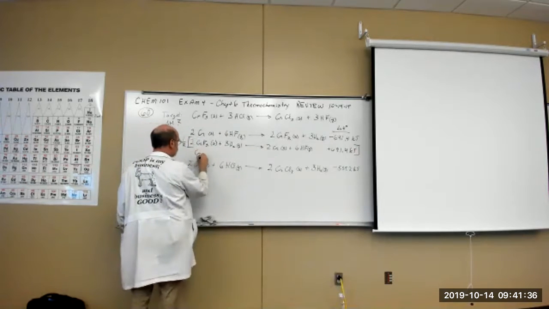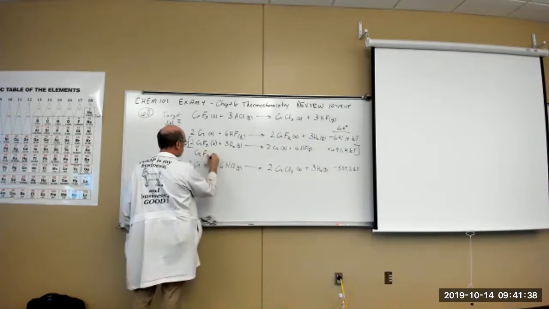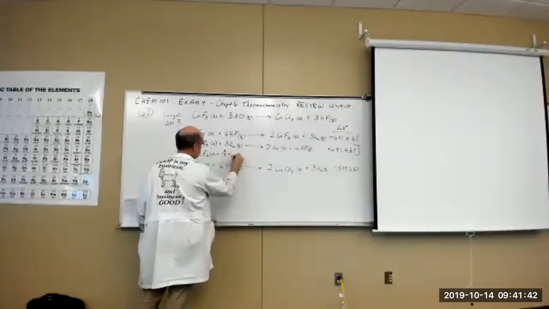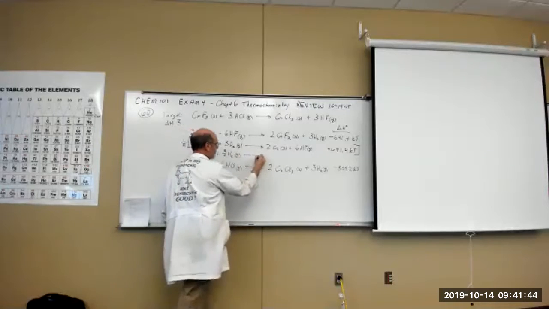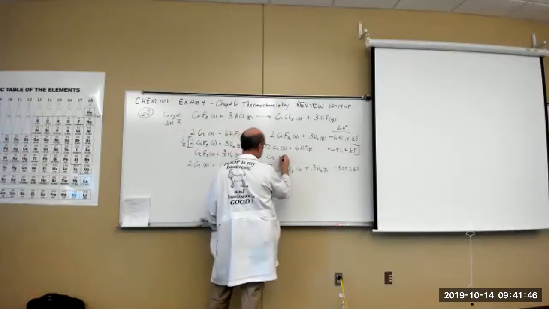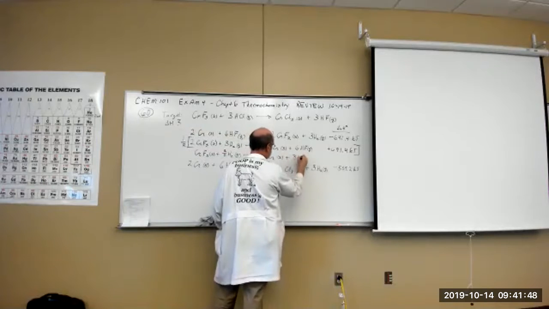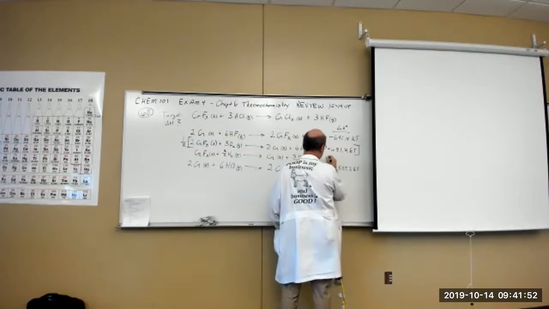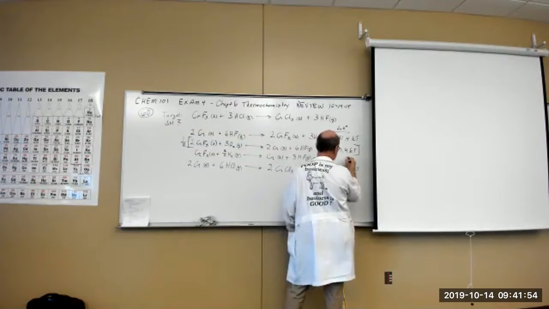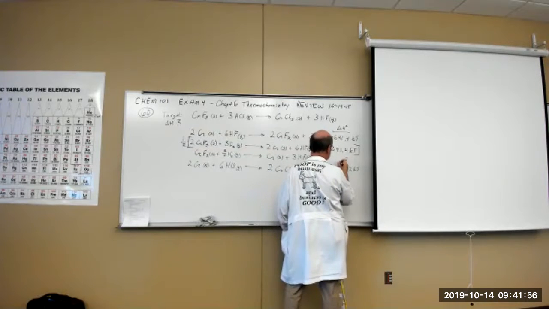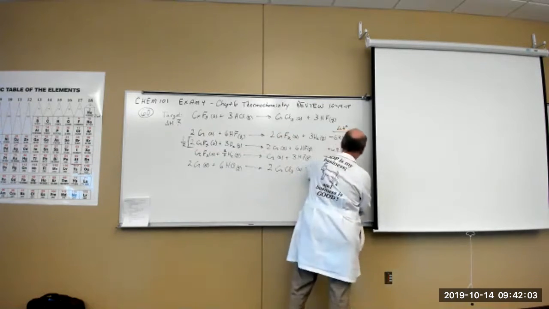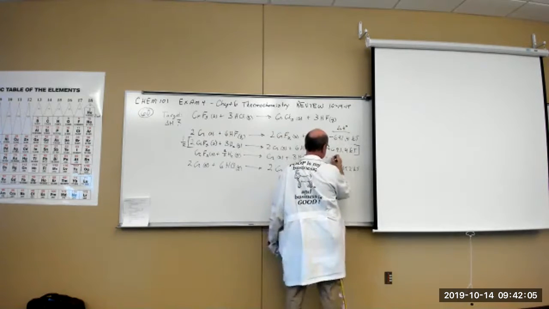So now we have this one, and this one, this one, and this one. And that makes this one half of its value. So it's 2, let's see. Wait a minute. This, 3.